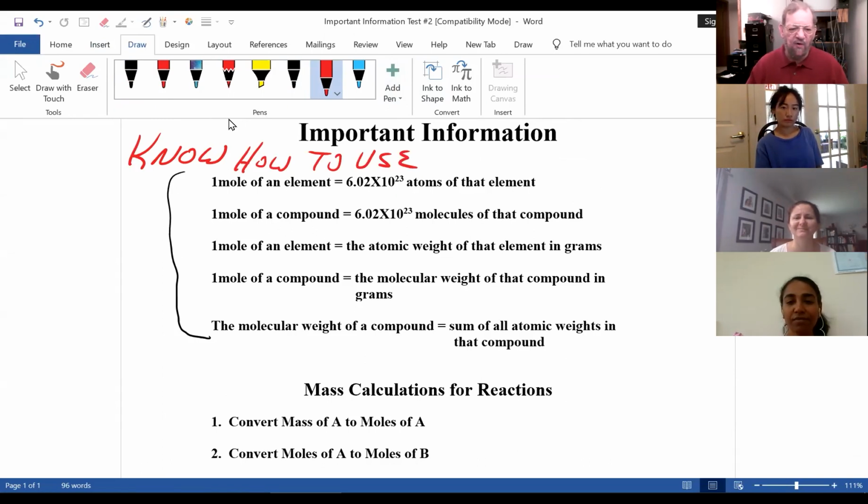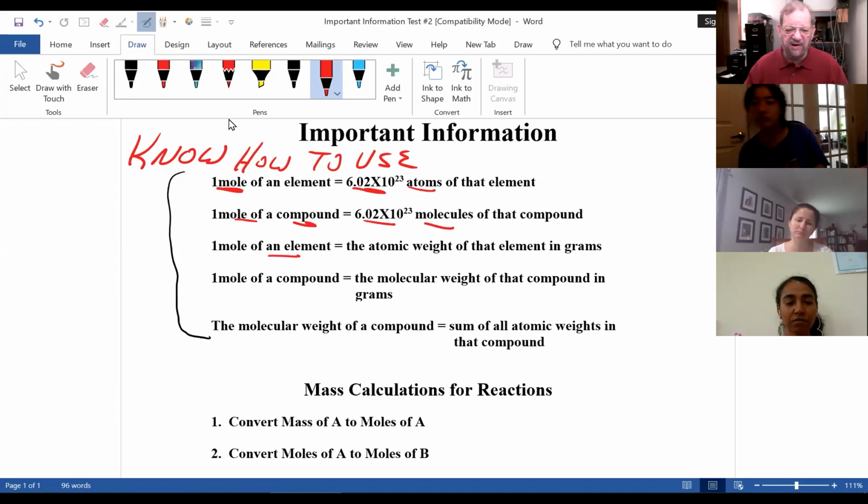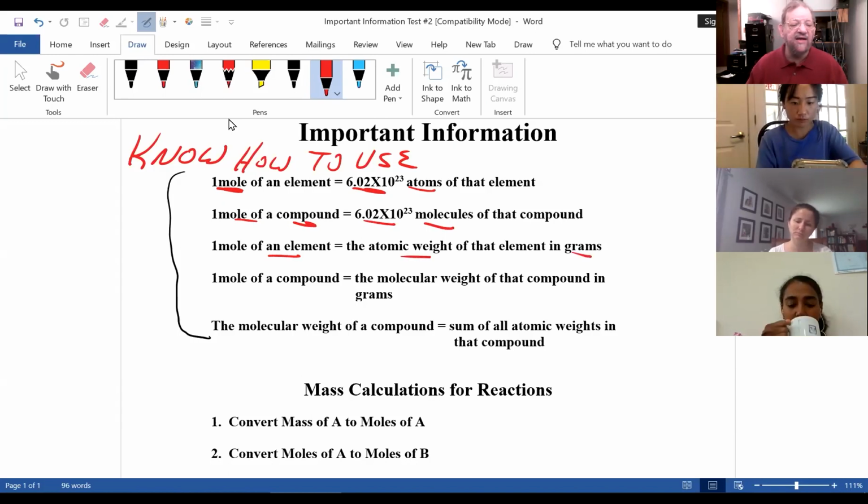You should know 1 mole of an element equals Avogadro's number in atoms of that element. 1 mole of a compound equals Avogadro's number in molecules. 1 mole of an element equals the atomic weight in grams of that element.